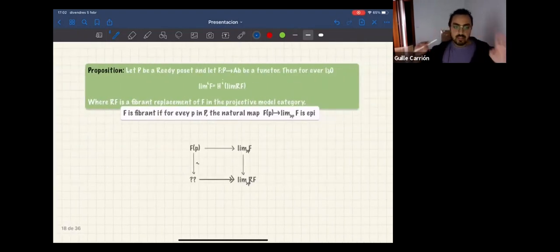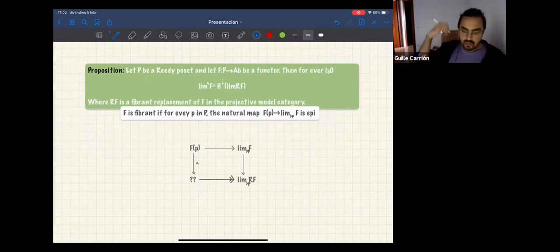And the problem of constructing a fibrant replacement is just to fill this diagram. So in every step, we are looking for a cochain complex here that makes a factorization of this map through a weak equivalence followed by a surjection.